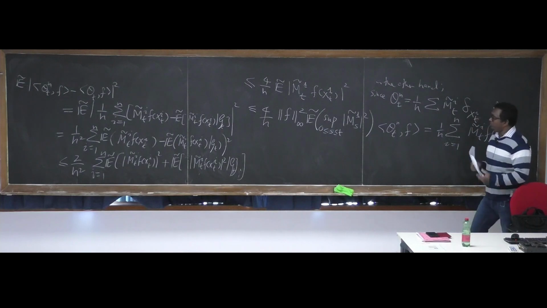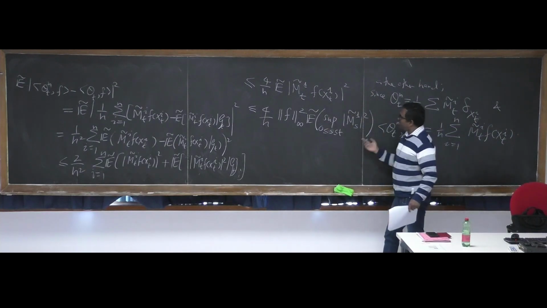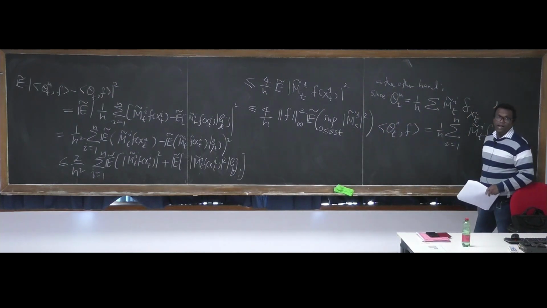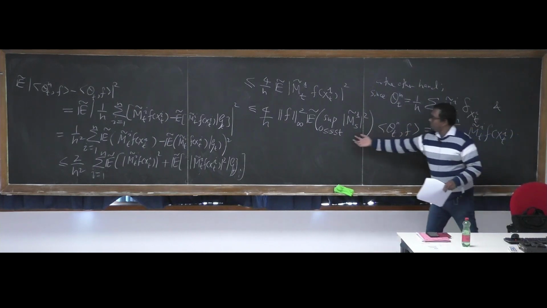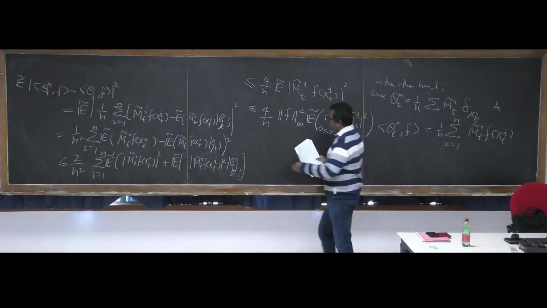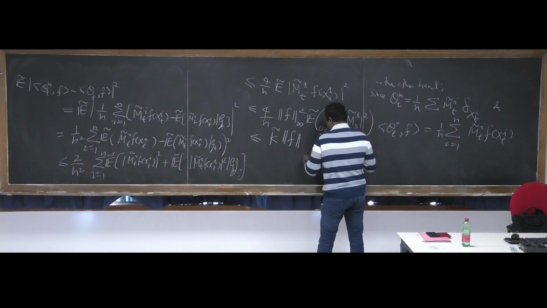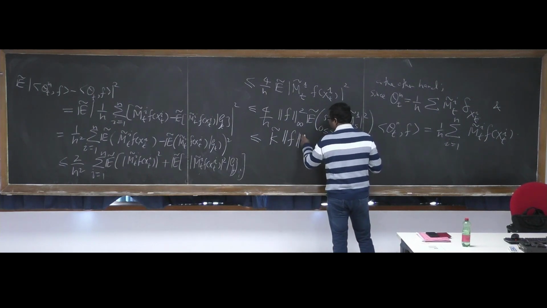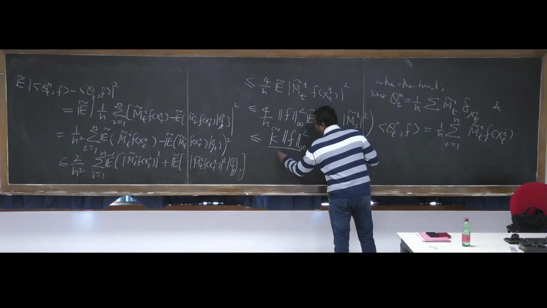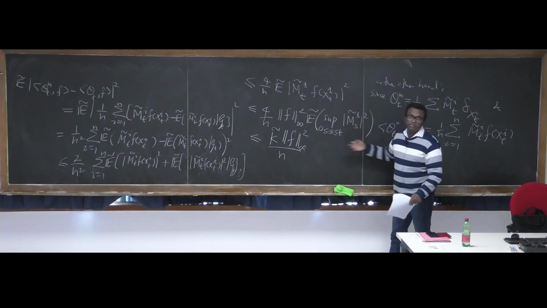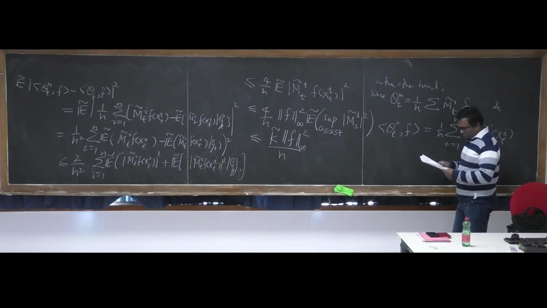So you can have this bound. You can easily bound this one using the proposition that we proved a little while ago. We have a bound for this. So altogether we finally have some k tilde times the L infinity norm of the function f squared, over n. So this k tilde is associated with the bound of this.